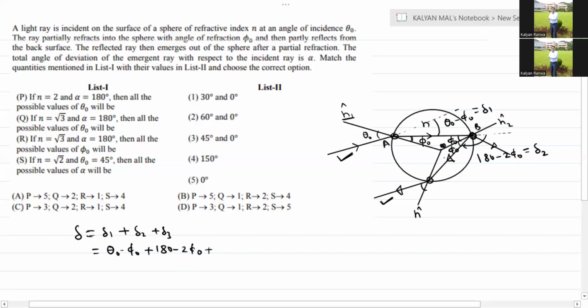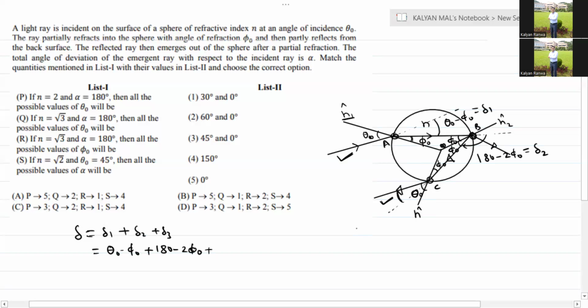Now del 3. This angle is phi naught. Again, triangle OBC is an isosceles triangle, so the angle will be the same, phi naught, and this angle is also phi naught. If this angle is phi naught, then by symmetry with the initial incident angle, this angle comes out to be theta naught. Here the ray was going in this direction initially, but this is the deviation.